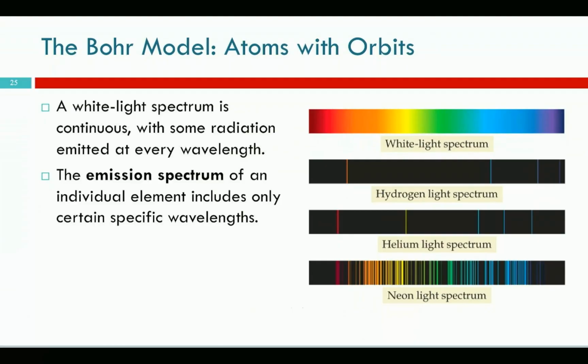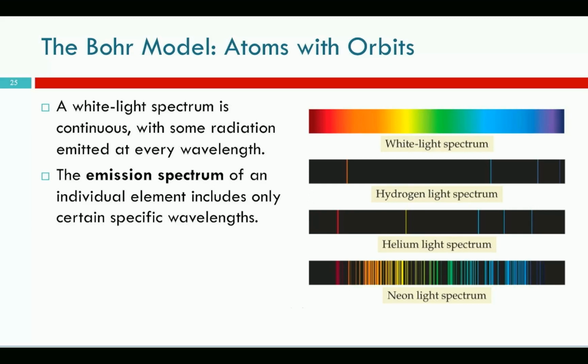So our white light spectrum is regular incandescent light. The sun gives you everything. In the hydrogen light spectrum, there's a 4th line here on the end that's hard to see. You put helium in, and you also get these bands of single frequency light, but they're different. Even the first one on the left for hydrogen and helium is a little bit different.